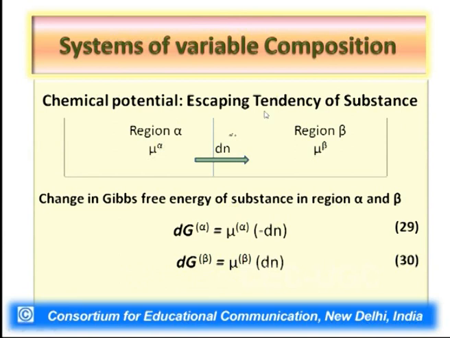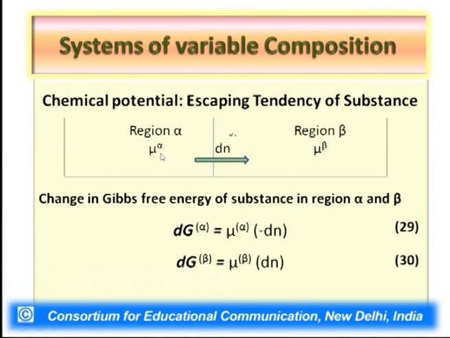If we want to understand this, let us take a little observation over here. Let us consider a system with two regions. The left side I have represented with region alpha, the right one with region beta. It is just a symbol to show the right side as region beta and the left side as region alpha.